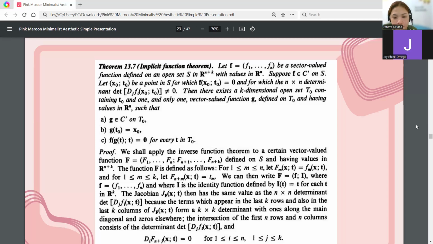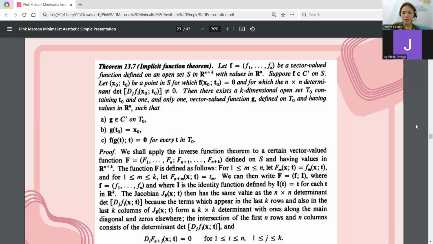For 1 less than or equal to m less than or equal to n, let F sub m of (x, t) equal f sub m of (x, t). And for 1 less than or equal to m less than or equal to k, let F sub n plus m of (x, t) equal t sub m.